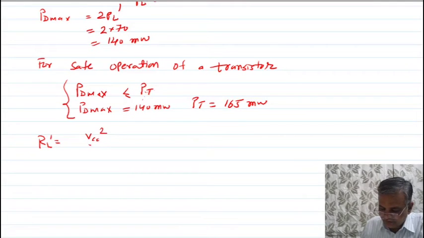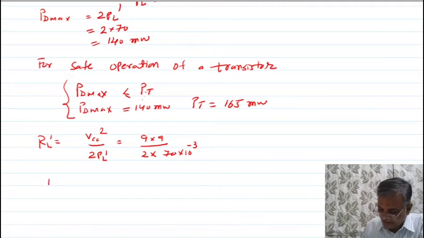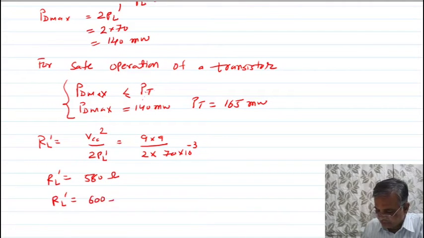VCC square upon 2PL dash. So it is 9 into 9 upon 2 PL dash, which we have already written as 70 milliwatt. So RL dash you are getting 580 ohm. Let us take the round value, 600 ohm.